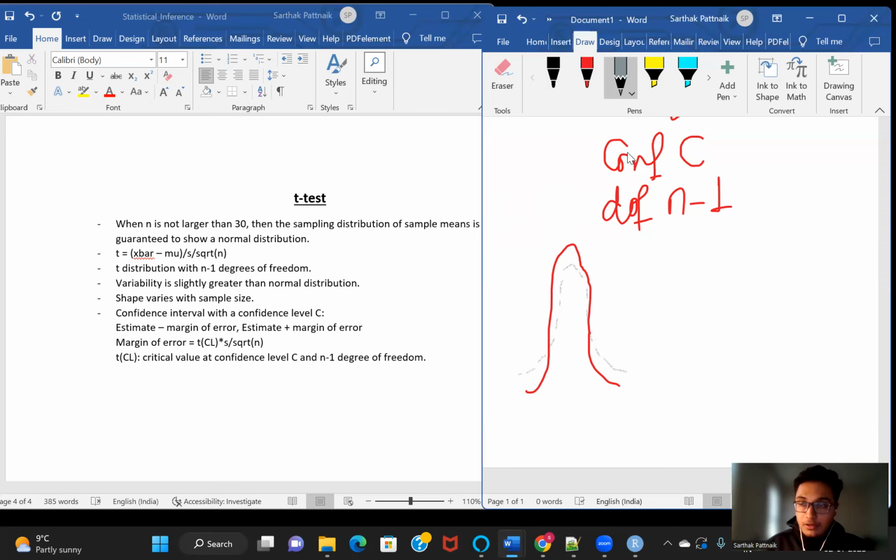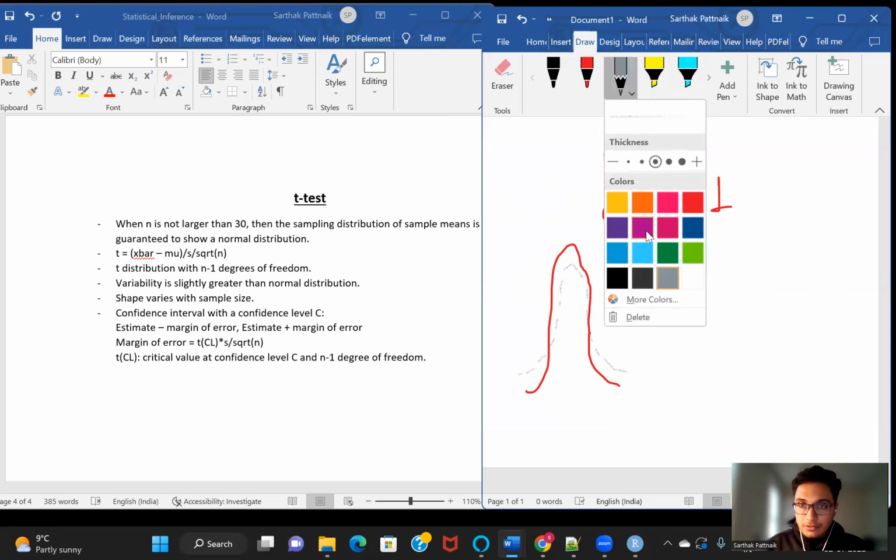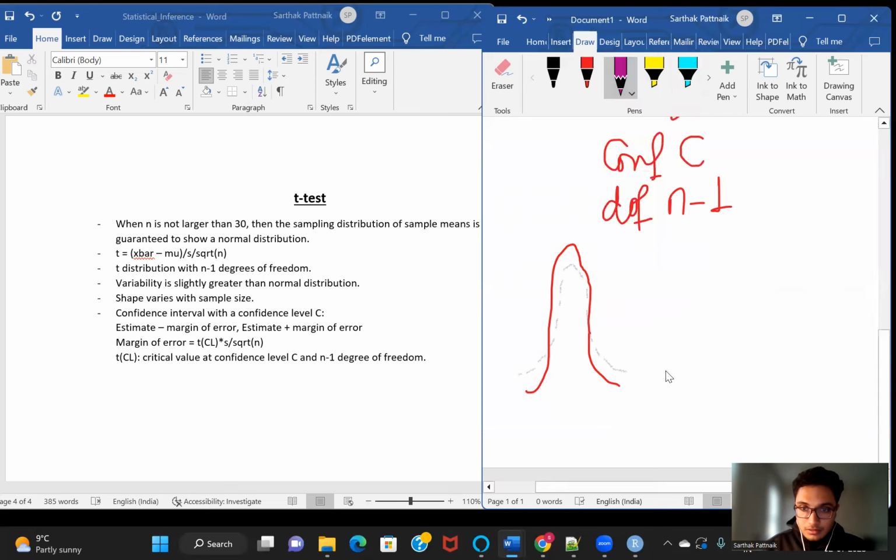But if the number of samples is less than 30, this t distribution varies with the sample size. So let me choose another color. As I change the number of samples, this peak and variability of the t curve changes as well.